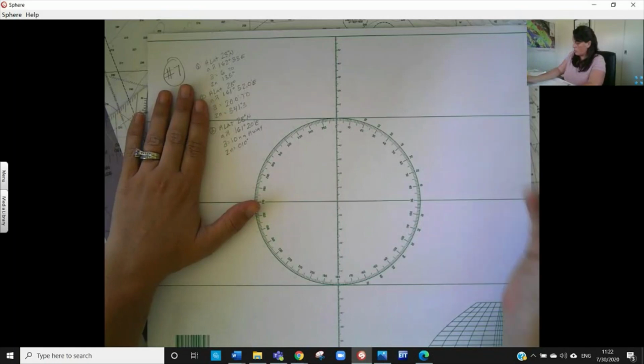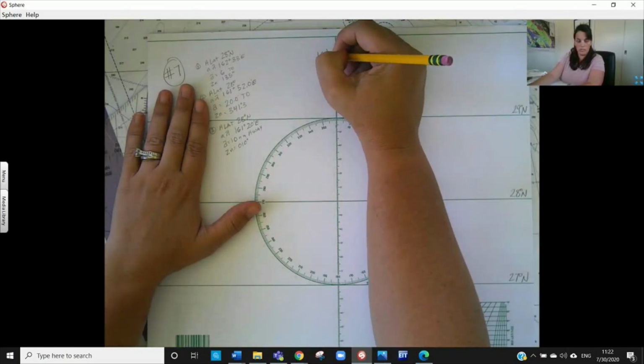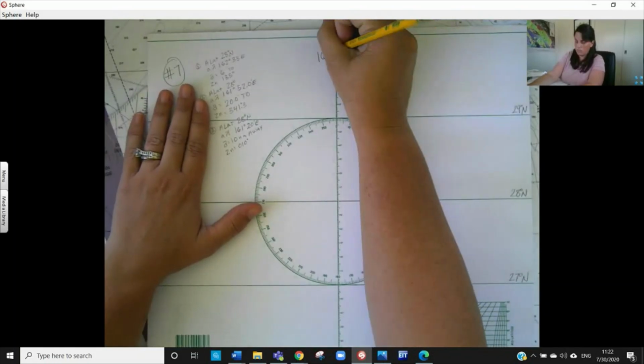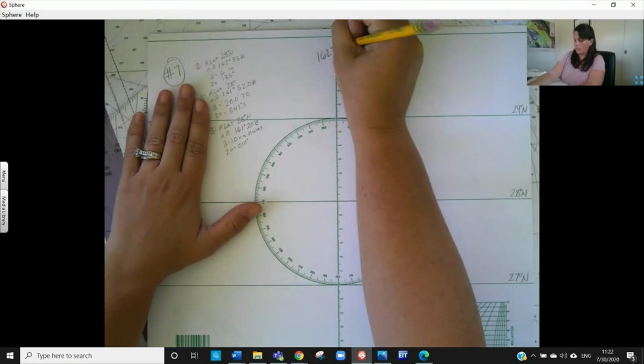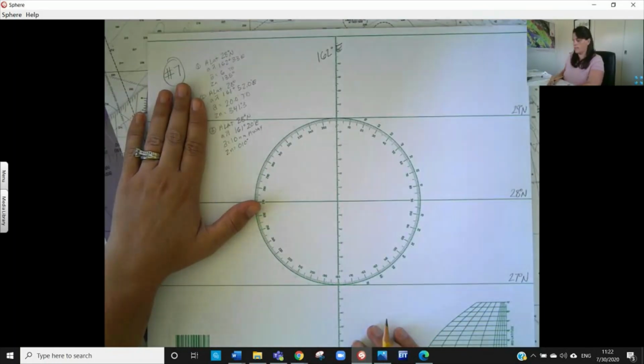So our mid-latitude is 28 degrees north, so that makes this 27 and this 29. Our mid-longitude is 162 degrees east.